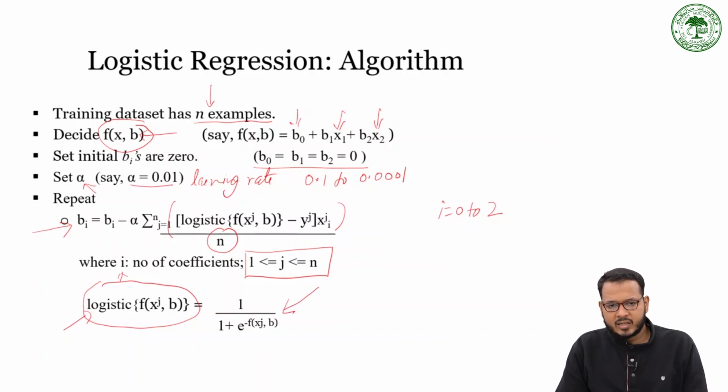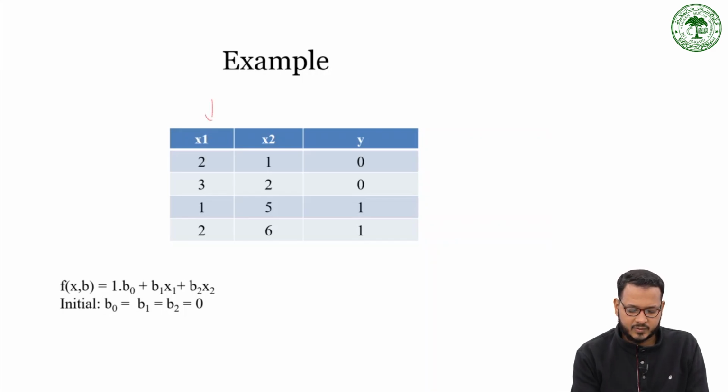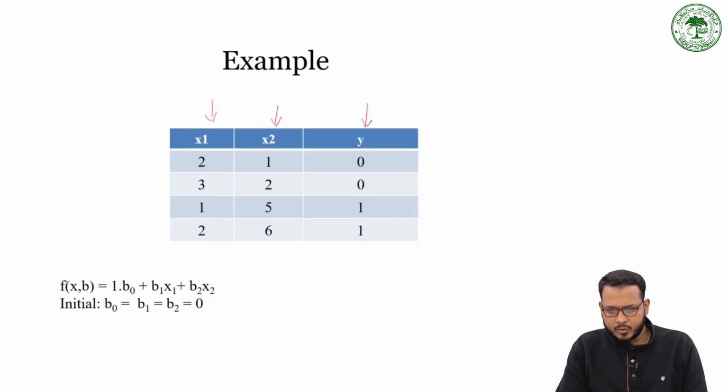To better understand this algorithm, let's take one example. We have two independent variables, x1 and x2, and we have the corresponding value of y with two classes, 0 and 1.